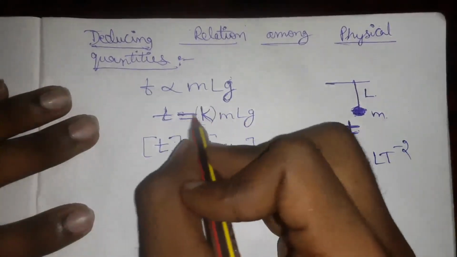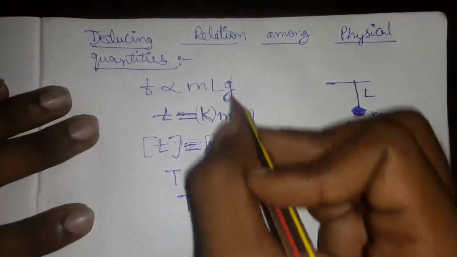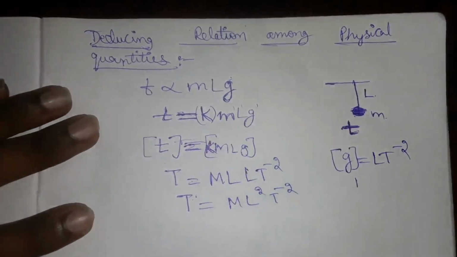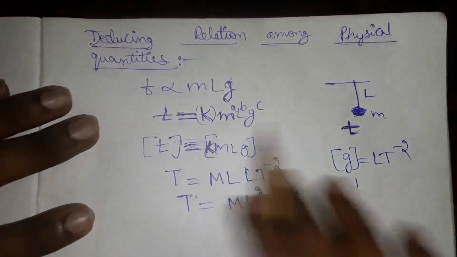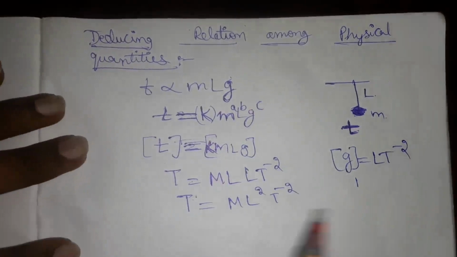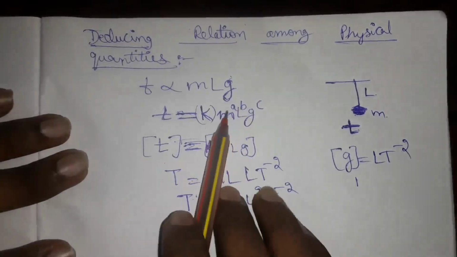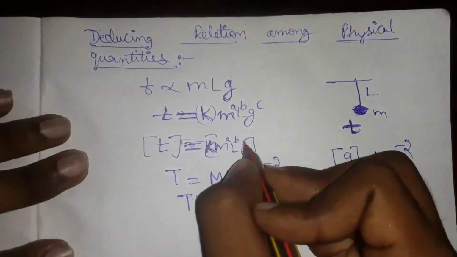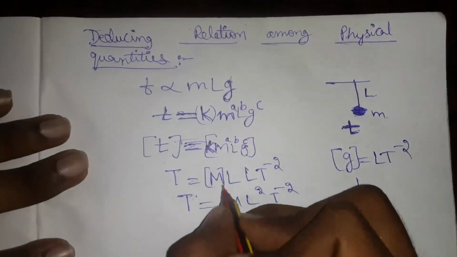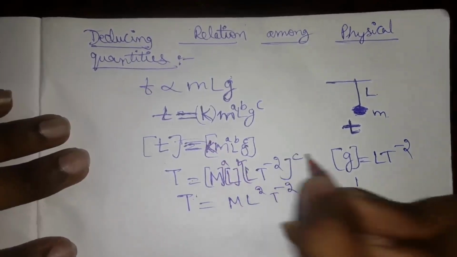Before solving this, we have to consider that we don't know how they are dependent. If we take 1, we are actually saying that it is directly proportional. So let's take a, b, c. These a, b, c are real numbers, and we don't know their values, which means we get M power a, L power b, and L T minus 2 power c.